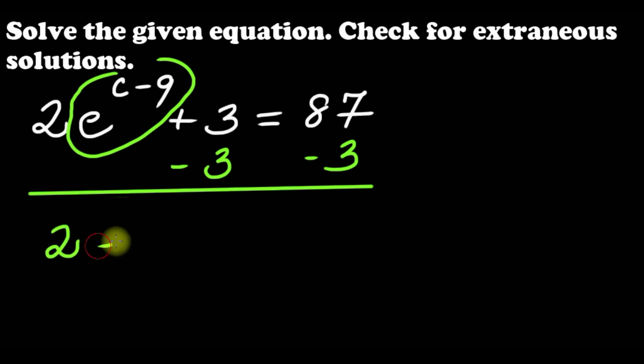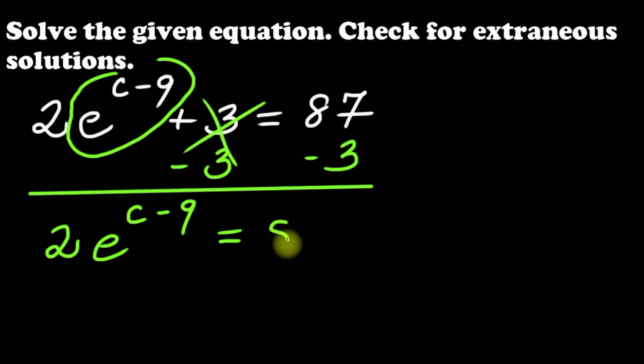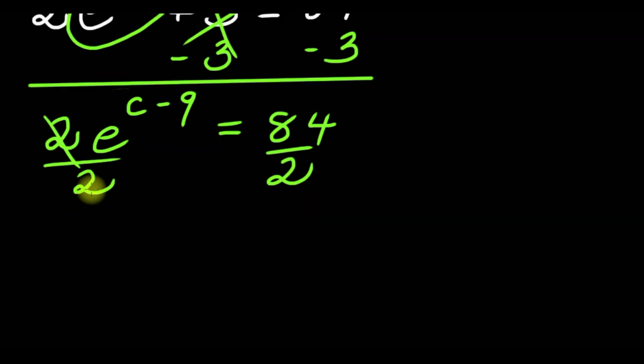So 2e to the c minus 9 is 84. And then divide by 2. So 2 over 2 cancel, and you've got e to the c minus 9 is 42.